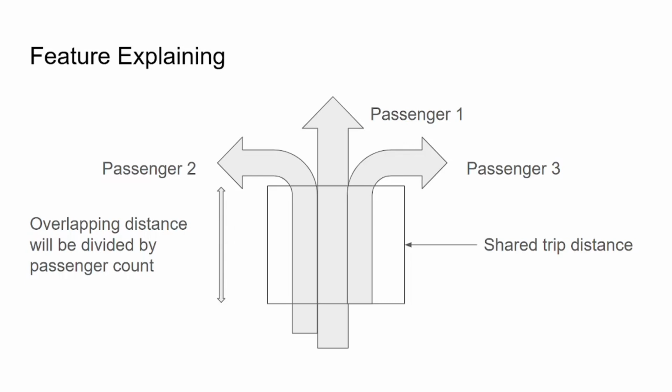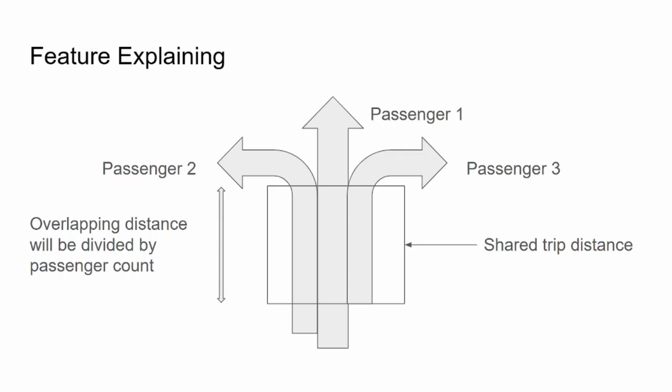So we need to think about that part as well, because let's say passenger 3 is the last person to drop off, then passenger 3 has more drop-off time than the other two passengers, right? Because the shared distance should be much longer.